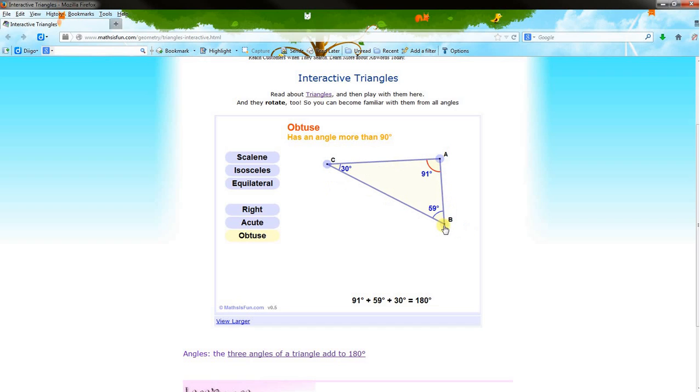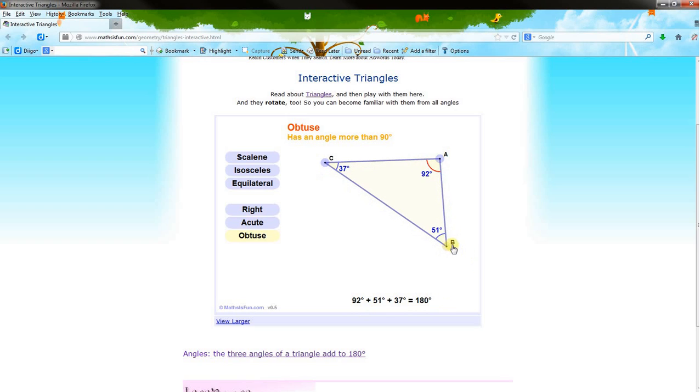For example, vertex C, if I try to move it towards vertex B, vertex A continues to stay at 91 degrees. And again, pay attention to the fact that all of these angles always equal 180 degrees.